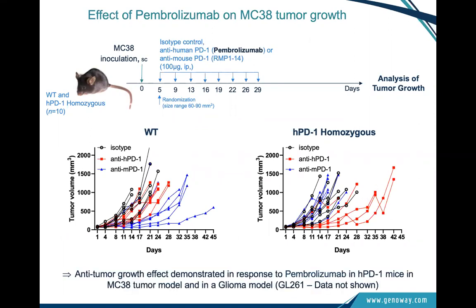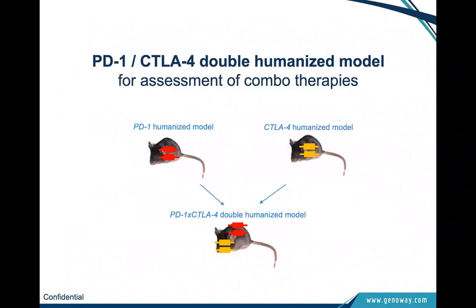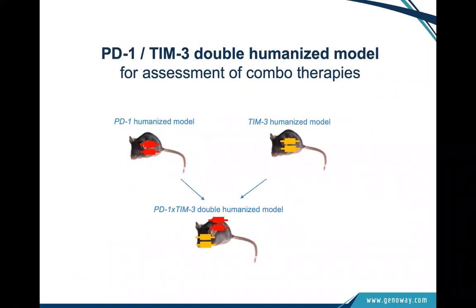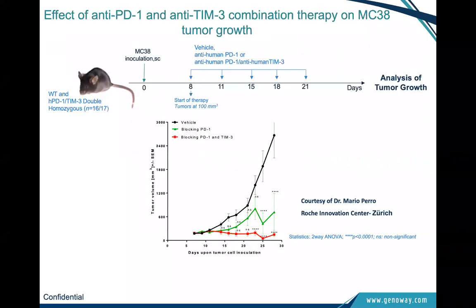That PD-1 model was then further crossed with a CTLA-4 model, so you have the double humanized model available at genOway. The PD-1 humanized model was also crossed with TIM3. Here is a set of data where you see that when you provide PD-1 alone, you have a nice tumor growth inhibition in the MC38 model, but the combination of PD-1 and TIM3 provides a much greater inhibition, as shown together with Roche here.